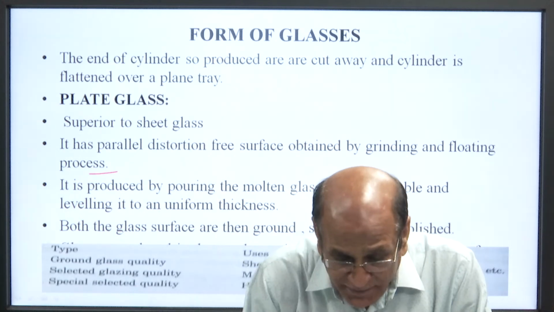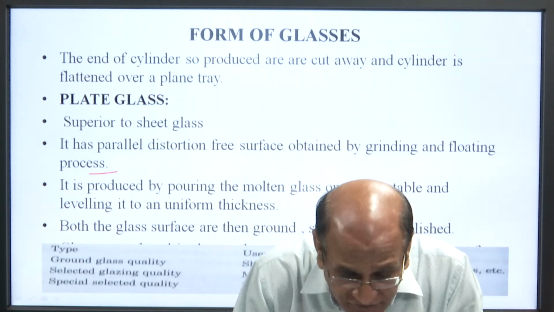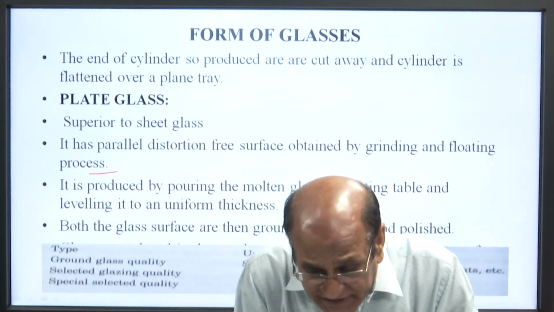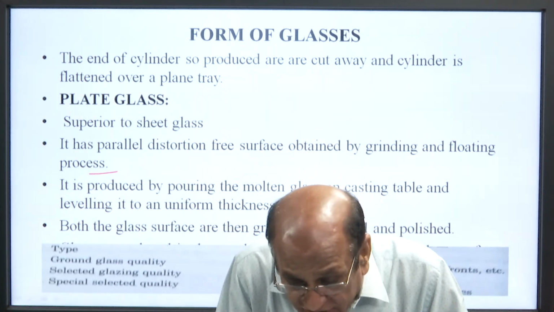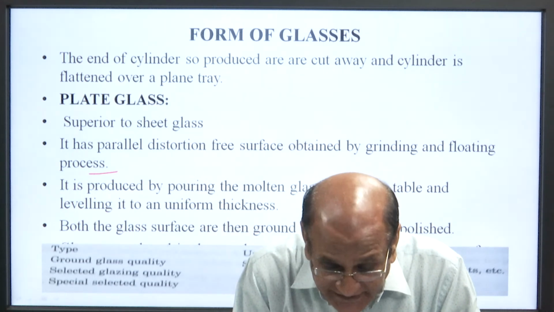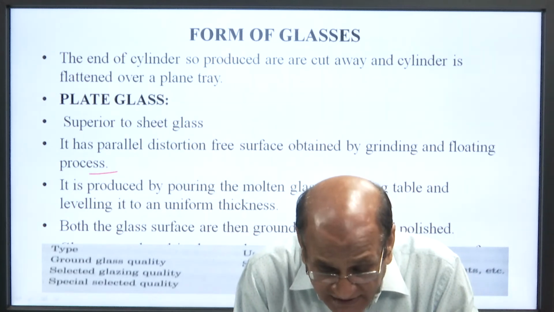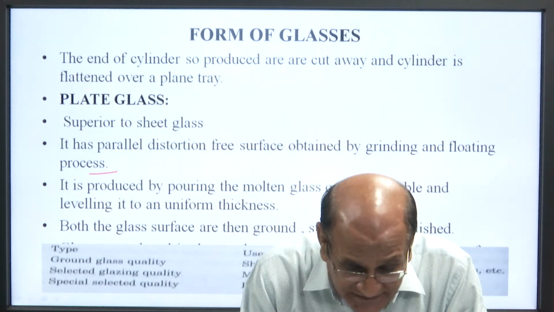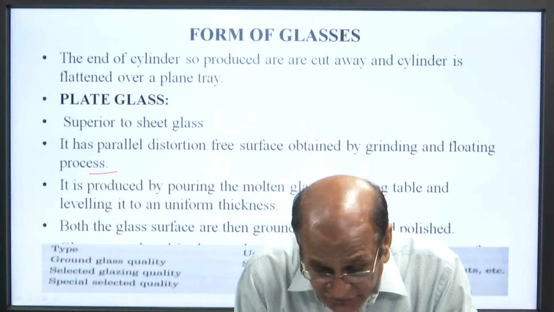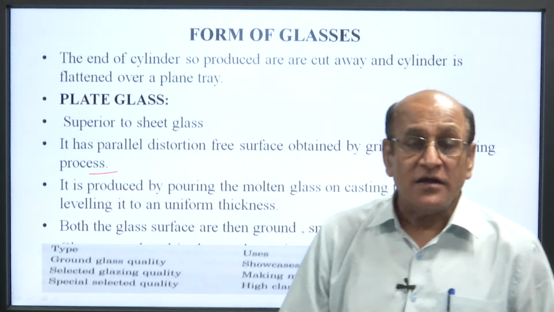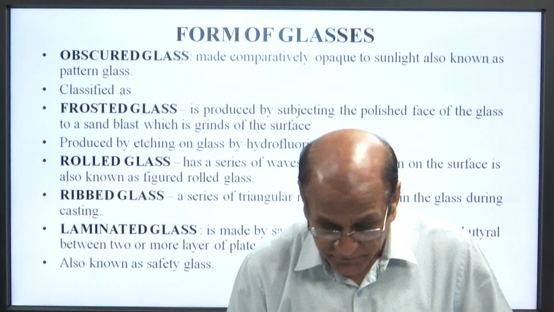Then the types and uses: the ground glass quality is used for showcases, cabinets, counters, shop fronts, etc. Selected glazing quality is used for making mirrors. A special selected quality for high class works, windscreens of vehicles, are manufactured.